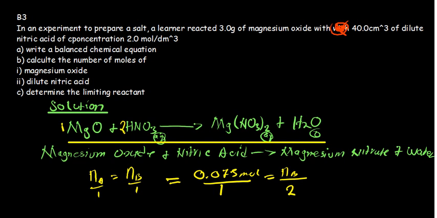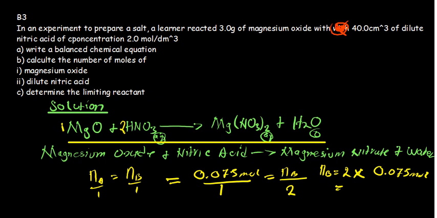So here I need to cross multiply. The number of moles of B is equal to 2 multiplied by 0.075 moles of magnesium oxide.